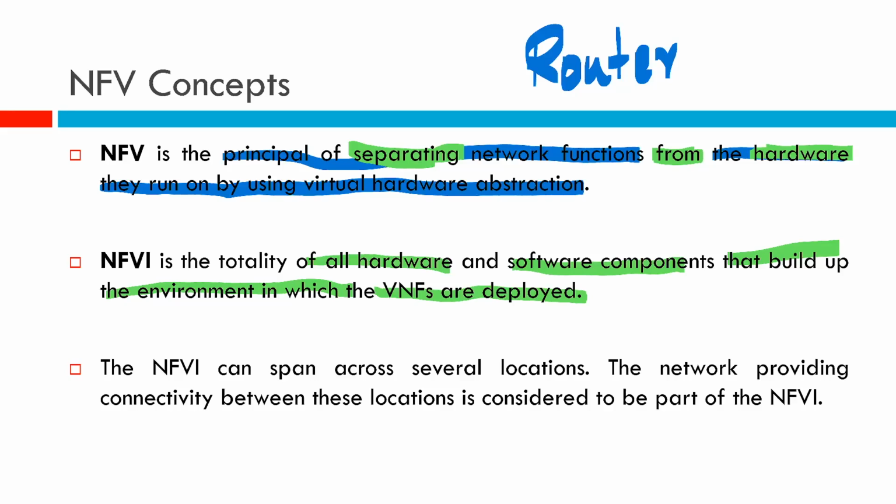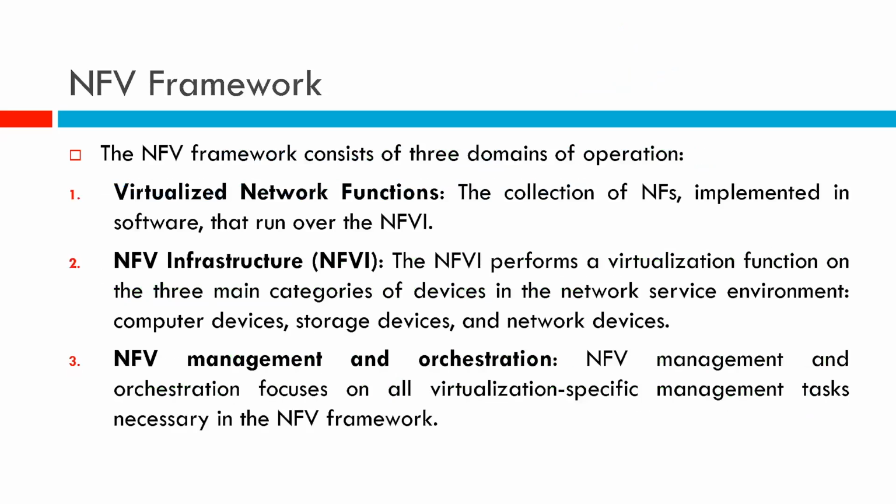No, we are going to minimize the hardware that runs routers, switches, access points, firewalls, IDS, IPS, everything. But in the end we will be using an infrastructure that has high-end hardware that holds the virtual environment. It can span across several locations, and the network providing connectivity between locations is considered part of the NFVI.